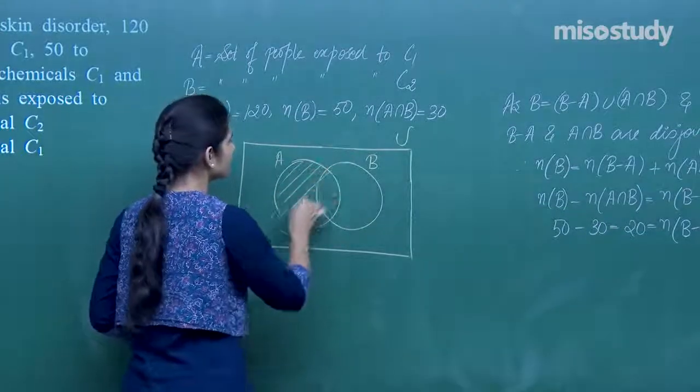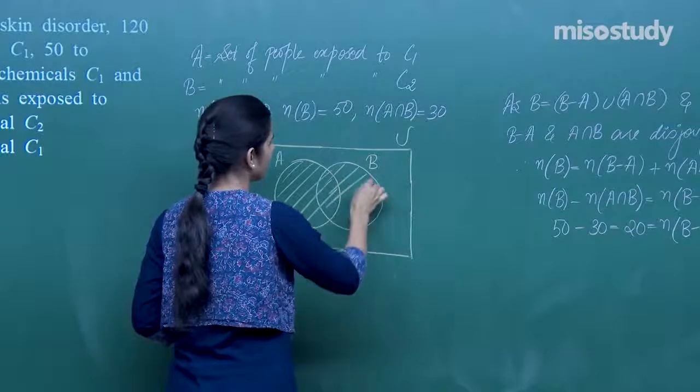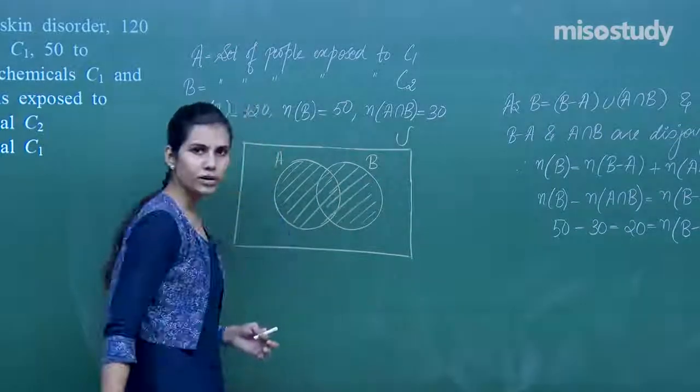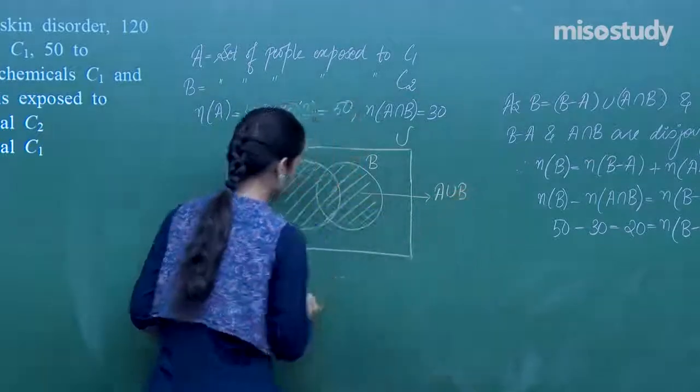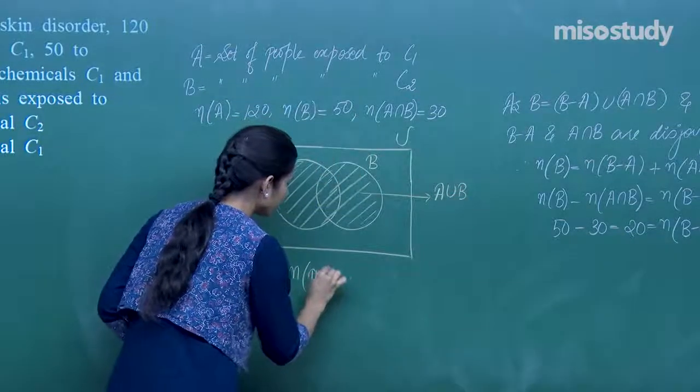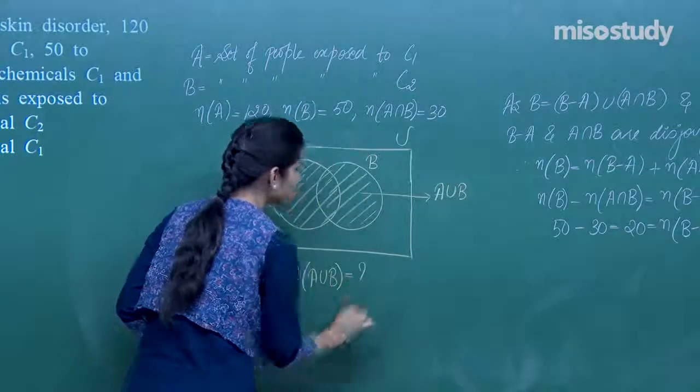That means I want to find out the number of members in here. What is this? This is nothing but A union B. So number of members in A union B is what I need to find.